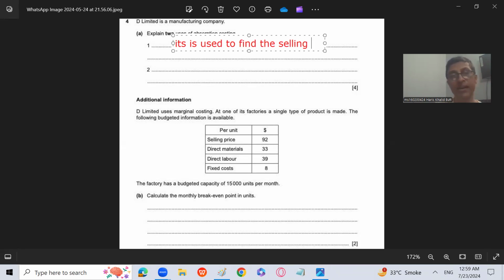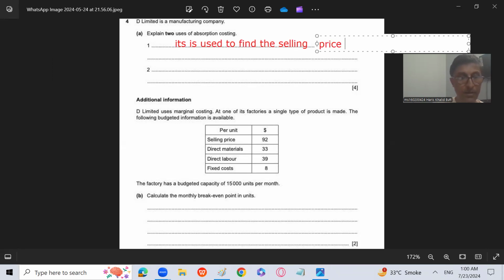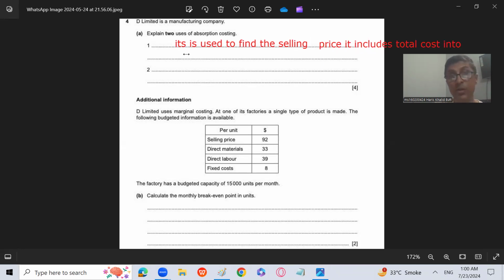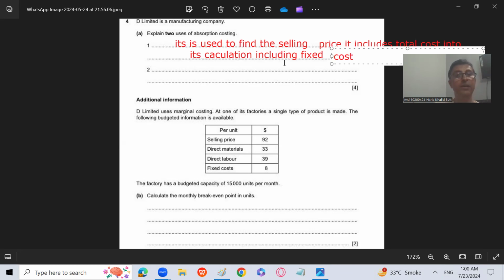It is an approved method of finding the selling price of the product because it includes total cost in its calculation, including fixed cost. So it's a proper method of finding selling price.